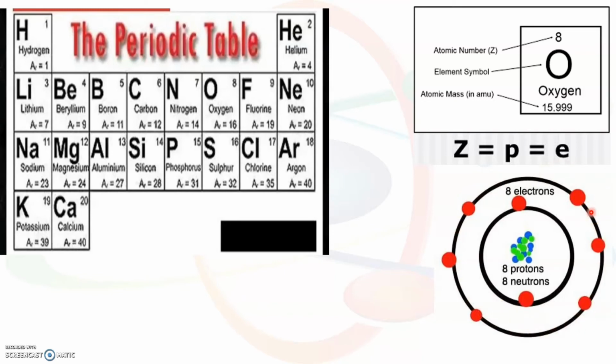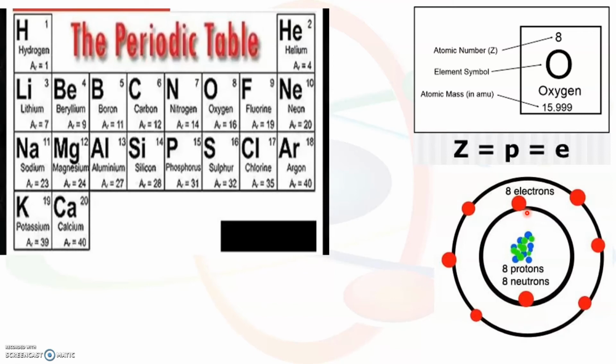Now let us see how these 8 electrons are distributed in these orbits. Each of these shells contains a fixed number of electrons, which means the first shell in an atom can hold only 2 electrons, while the second shell can hold 8 electrons, the third shell of an atom can hold 18 electrons, and so on.